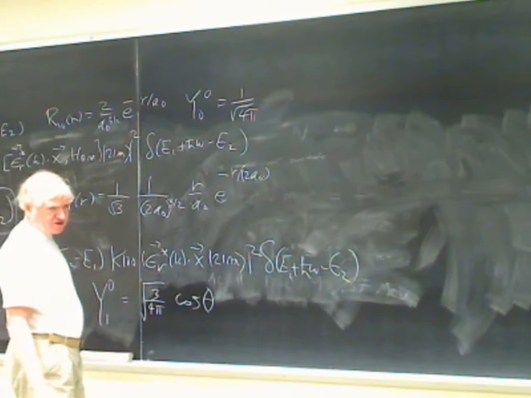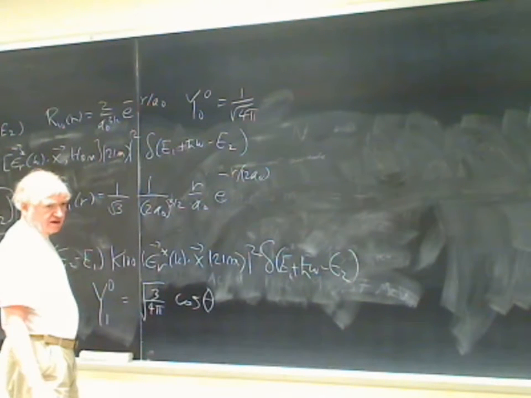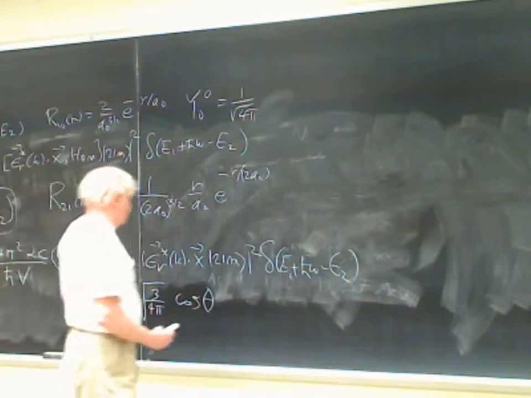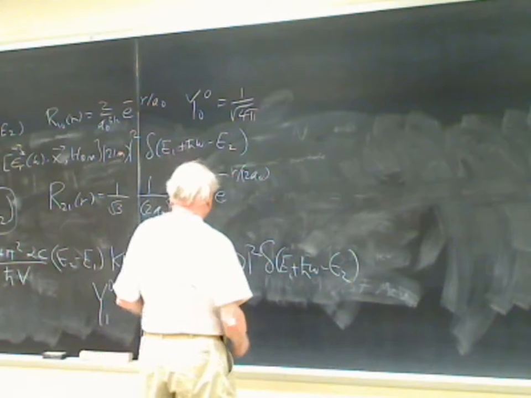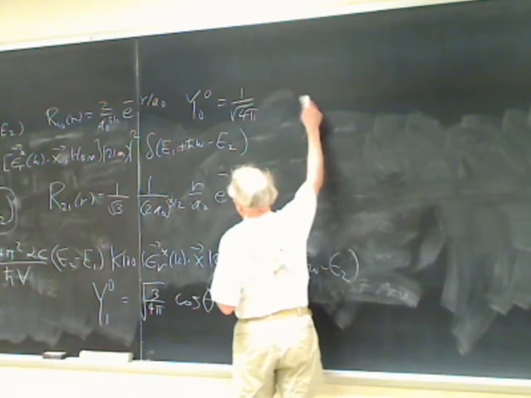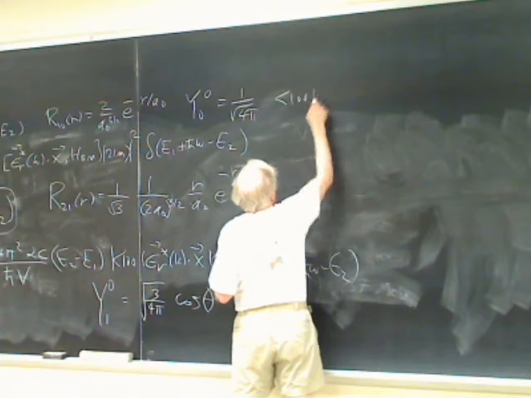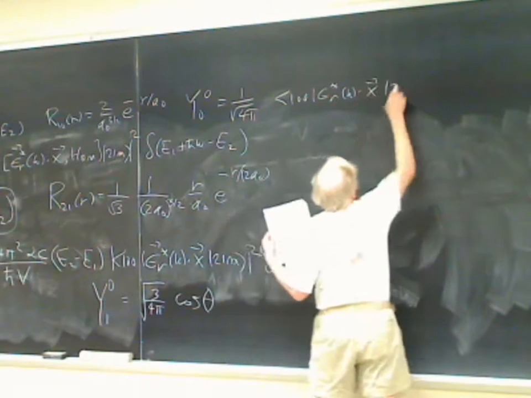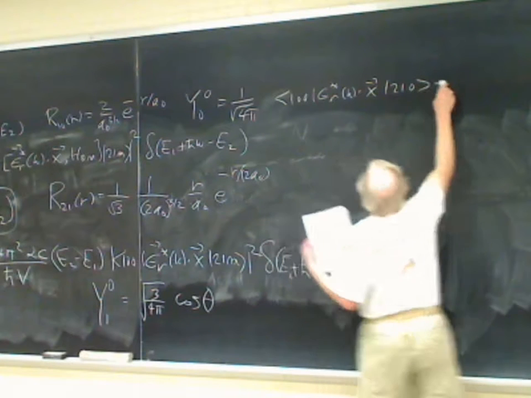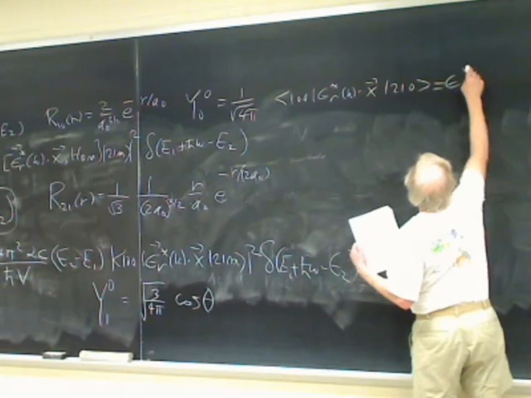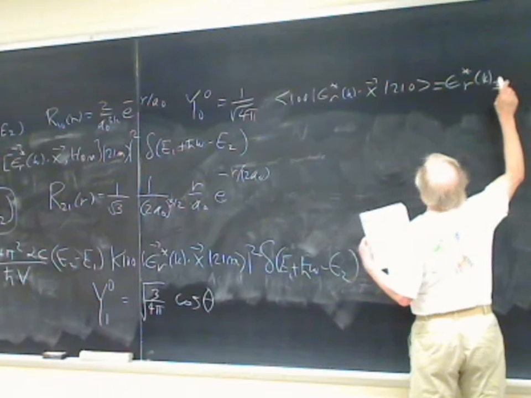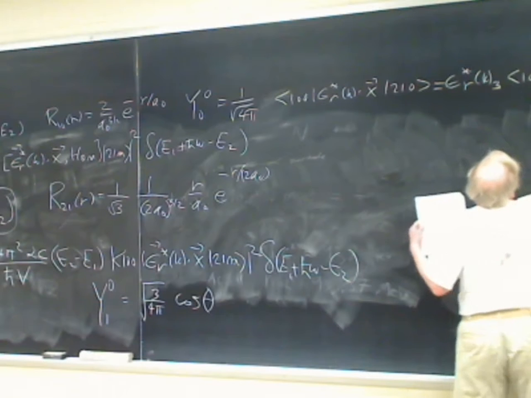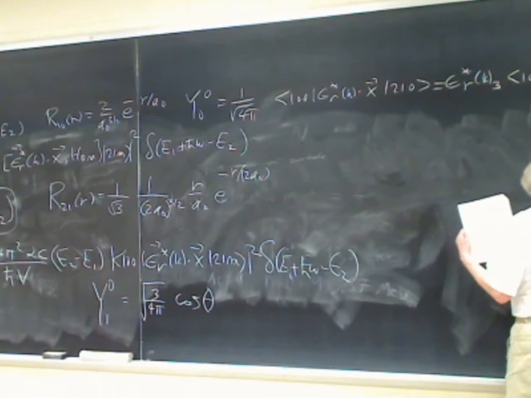Is that clear, or do you want me to show it more carefully? All right, so only the z component survives. So what we've got then is we need to compute. In other words, we can say <1,0,0| epsilon_r star of k dot x |2,1,0> is equal to epsilon sub r star of k sub 3 times <1,0,0| z |2,1,0>.